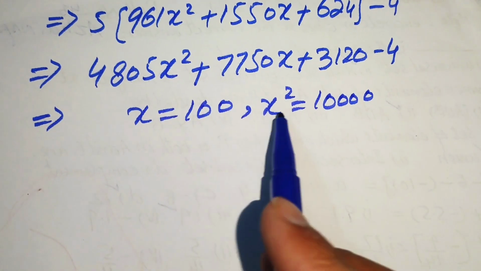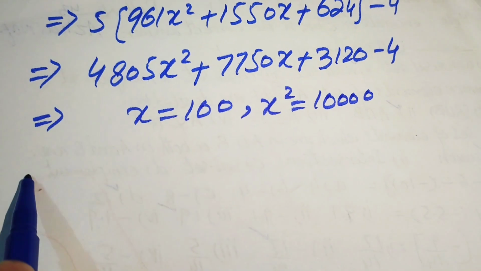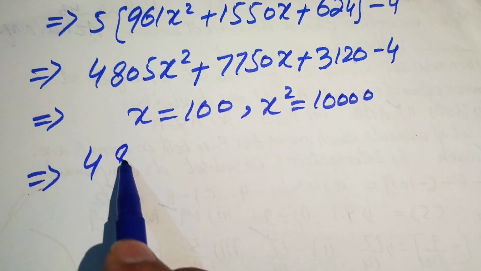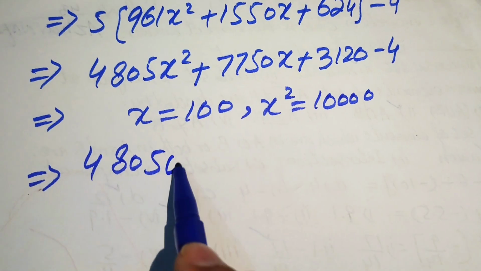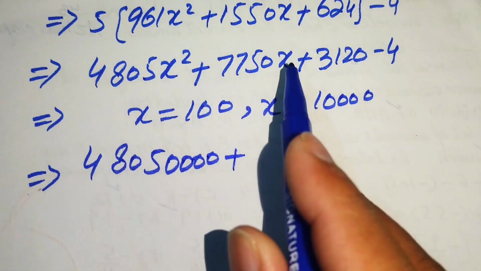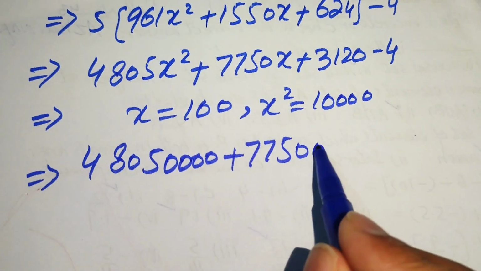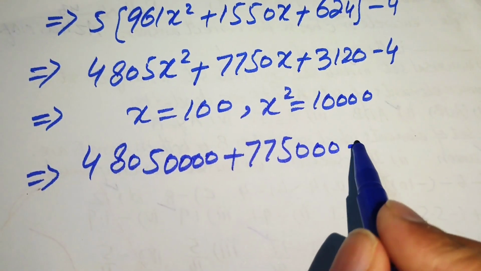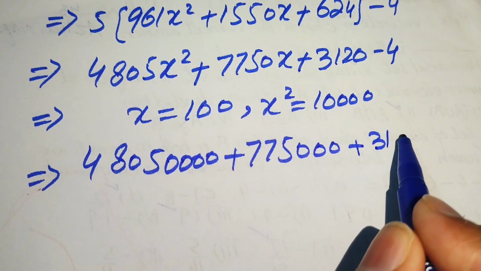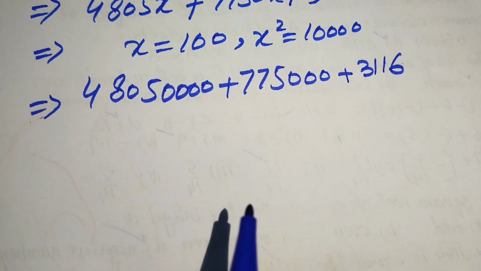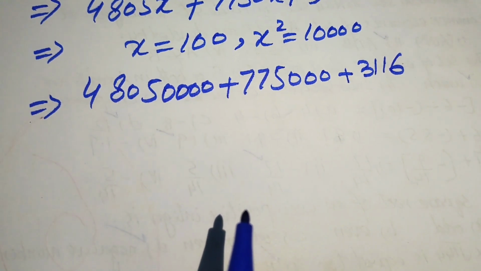Okay, so when you substitute the value of x and x square here, then we just add these zeros to these numbers, and you get 4805 and 40, and in this case we add these two zeros here, and in this case we subtract this value, and you get 3116. Okay, so after this step you easily add these values by the traditional addition.